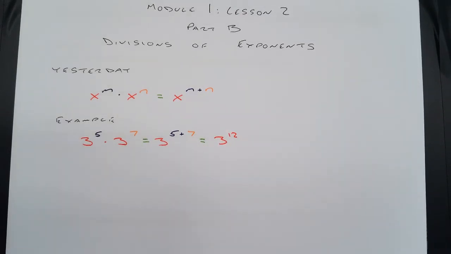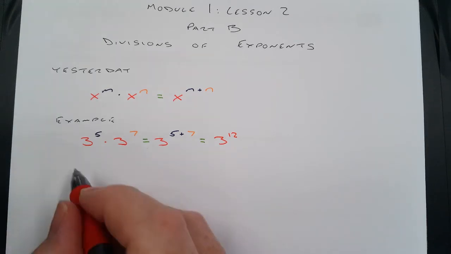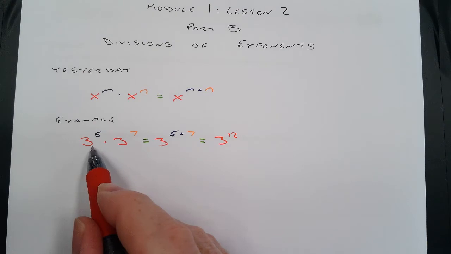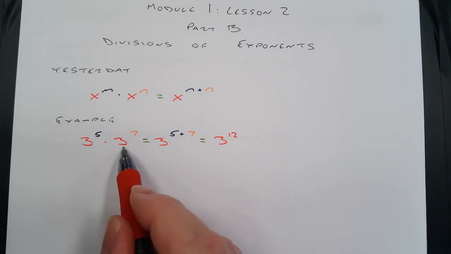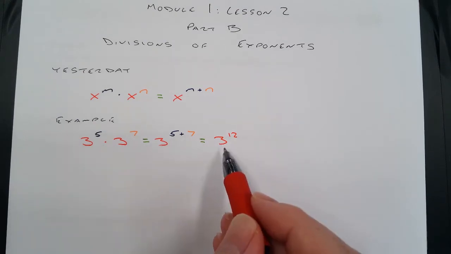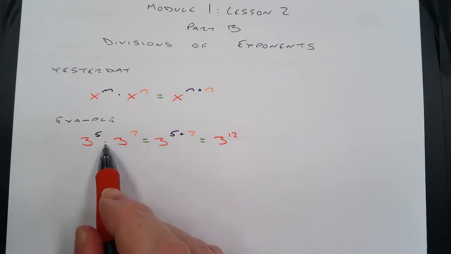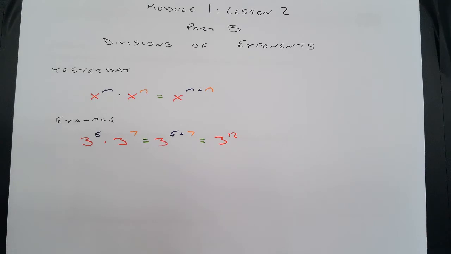When we multiply exponents, if the bases are the same, remember, bases have to be the same, we add the exponents.